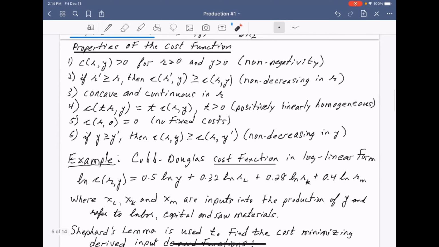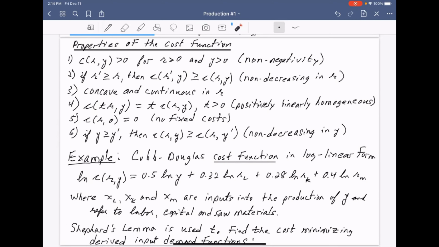Well, the properties are as follows: the cost function as a function of input prices and output is greater than 0 for positive input prices and positive output, so non-negativity. If R prime is greater than or equal to R, then the cost using R prime as your input prices is greater than or equal to the cost if you had your previous prices.